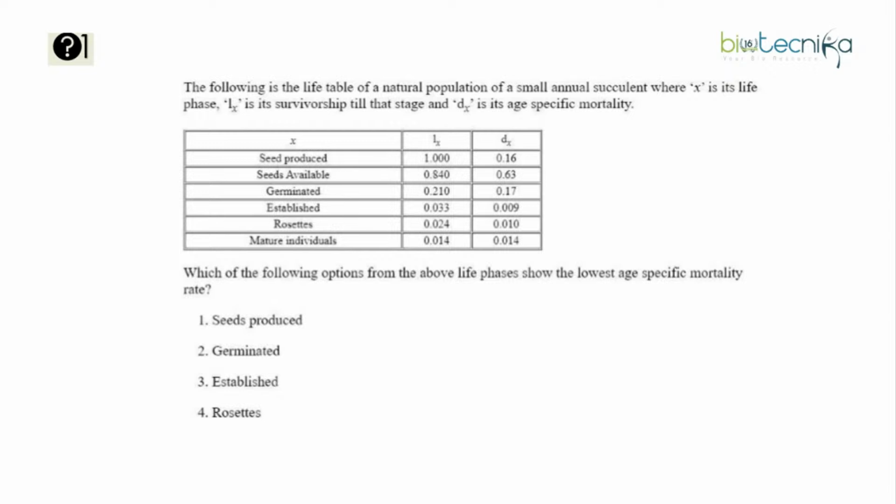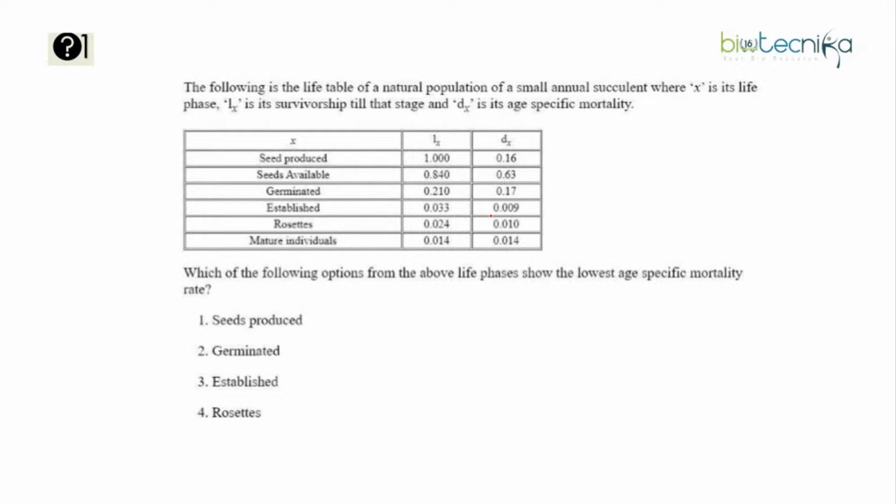So, the first one that you do is 0.16 divided by 1, right? So, that will give you 0.16. The next one, seeds available, it is 0.63 divided by 0.840, which is 0.75. Next, you have the germinated seed. So that is your 0.17 divided by 0.210, 0.80.